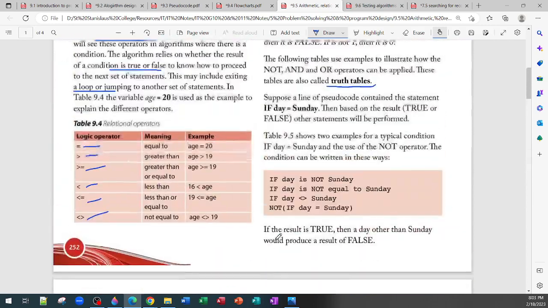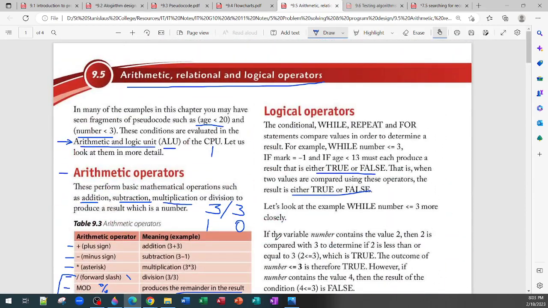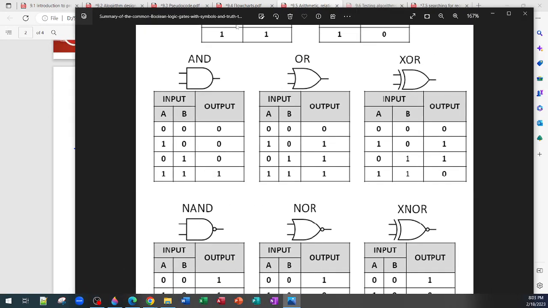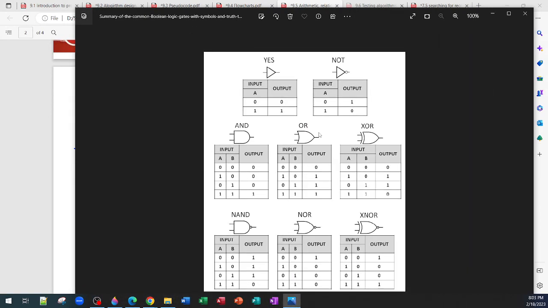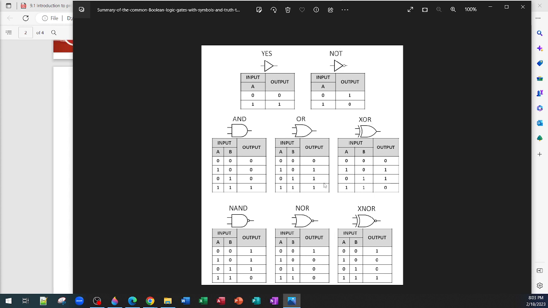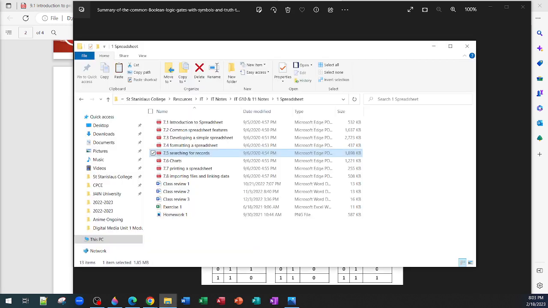I think that's everything for those logic operators. Any question on it before we move on? All right, so let me send the picture before I forget.